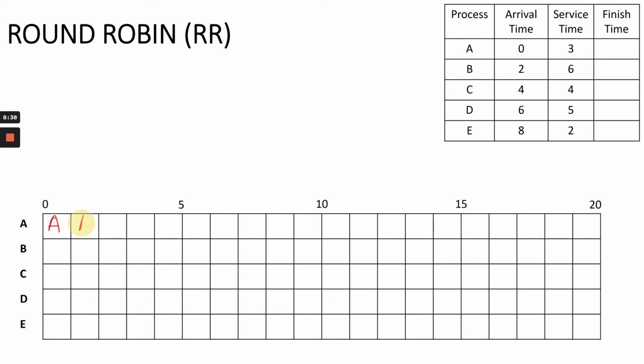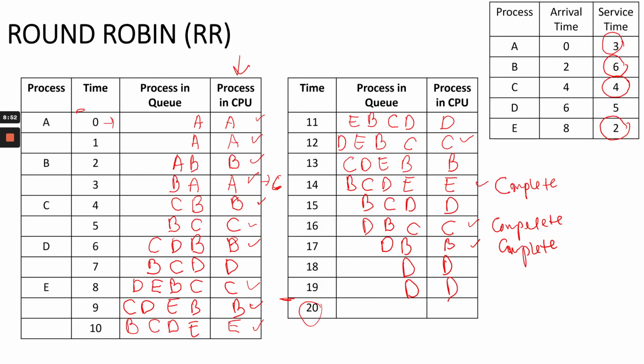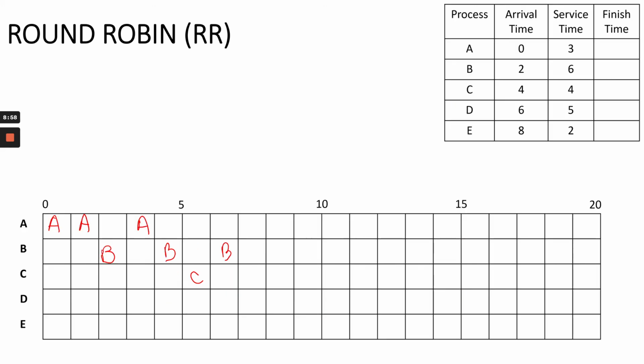So we will get A running at time 0 until time 2. What you need to do is just transfer the process execution from the last column to get the execution pattern.